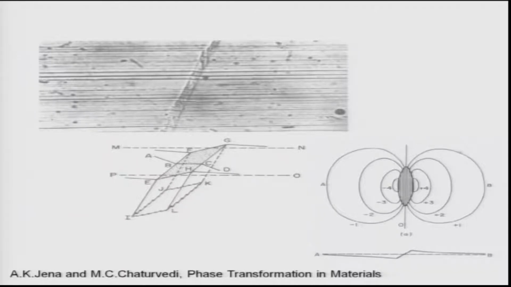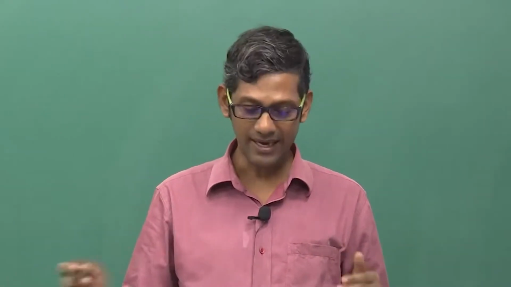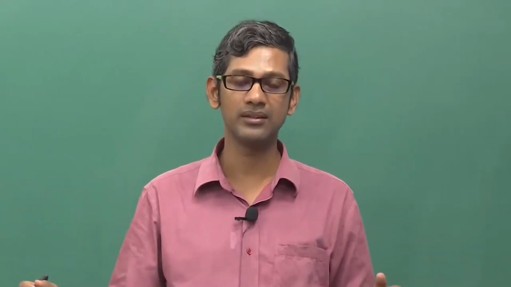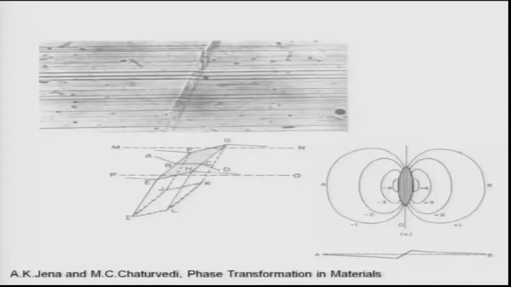But the scratch was continuous; it has never been displaced from the parent to the martensitic plates. That means what? That means both the martensitic plates and the parent austenitic phase have a definite crystallographic orientation relationship, and they are maintaining the planes like EFIJ and GHLK, which were parallel to the parent austenite.